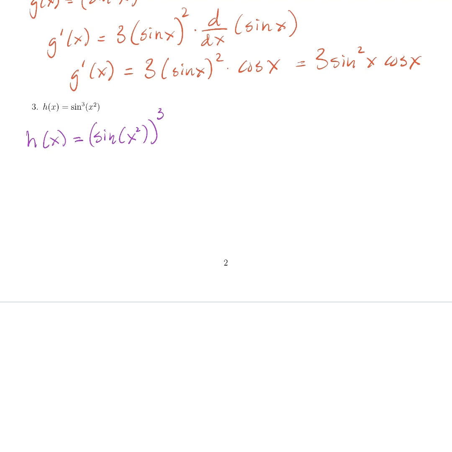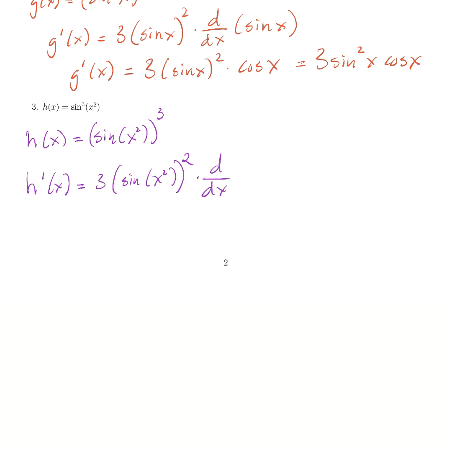Again, the 3 can come down, we go to 1 less power, we leave the inner function alone. So h prime: the 3 comes down, we have (sine of x squared), we go to 1 less power. So we just did the power rule, pretending that thing in parentheses was just x. But now because it's not just x, we need to multiply by its derivative.